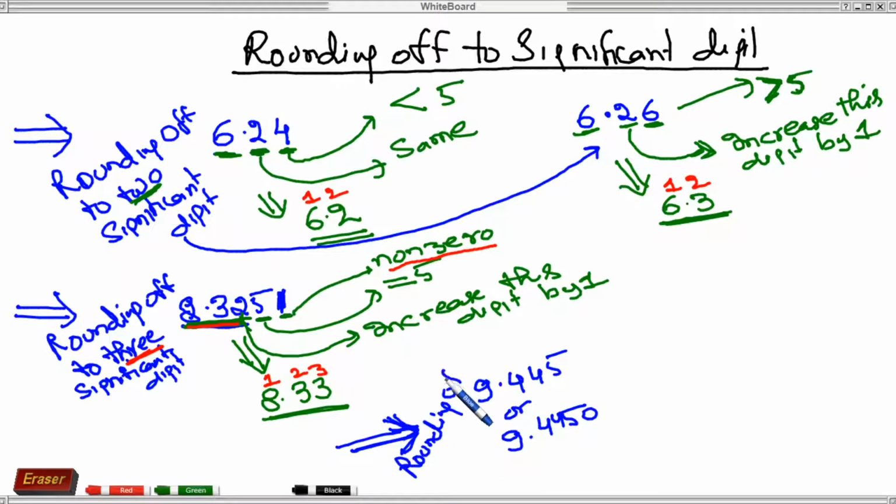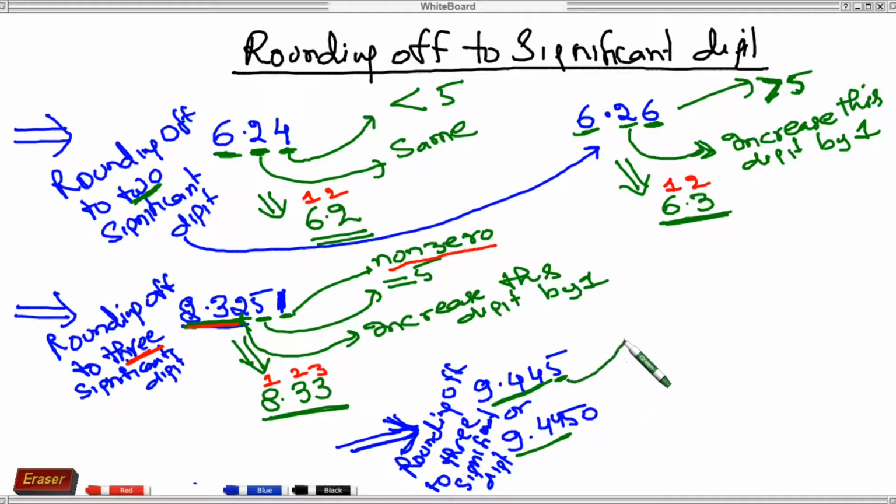Rounding off to 3 significant digit means we want only these 3. So you can see here it is equal to 5.